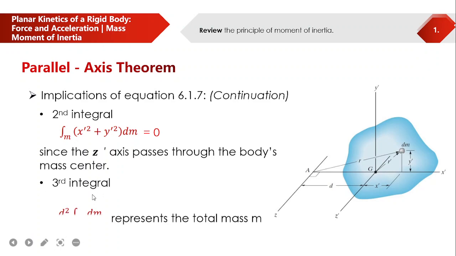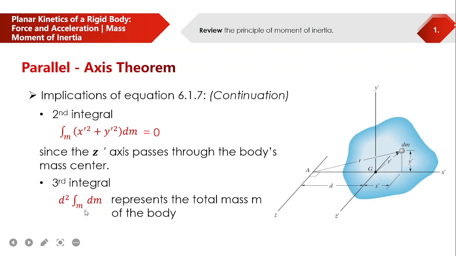So how about the third integral? The third integral is d squared times the integral of dm, from 0 to the upper limit m, which represents the total mass of the body. As you can see, it is as if you are just computing the whole mass of the body using integration: you get the differential element of the whole body, and then integrate it from 0 to m, and you get the total mass of the body.